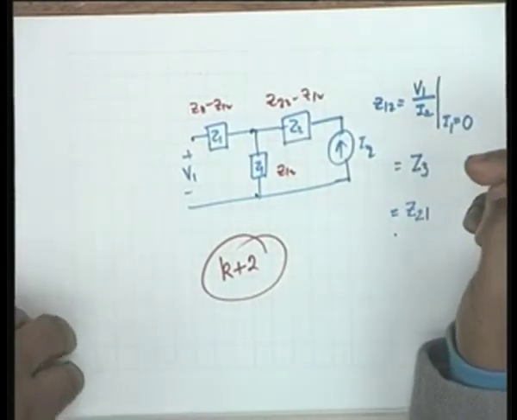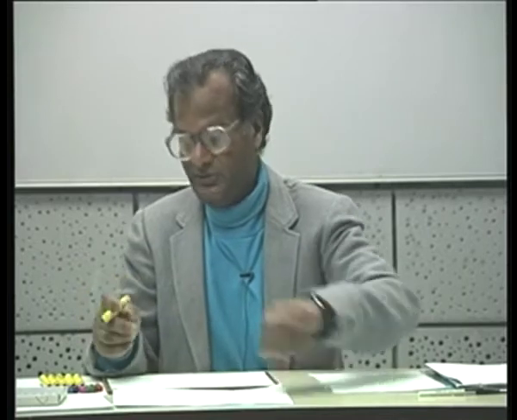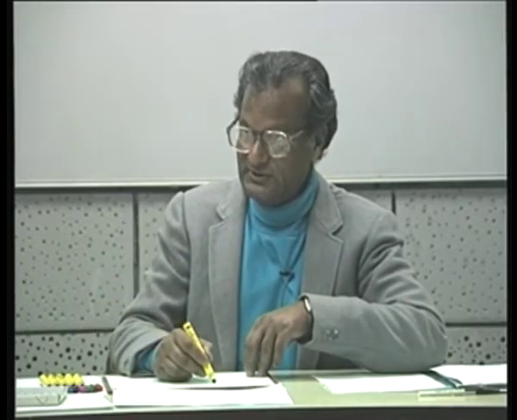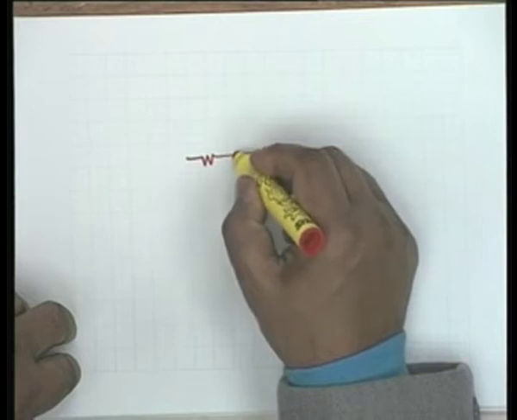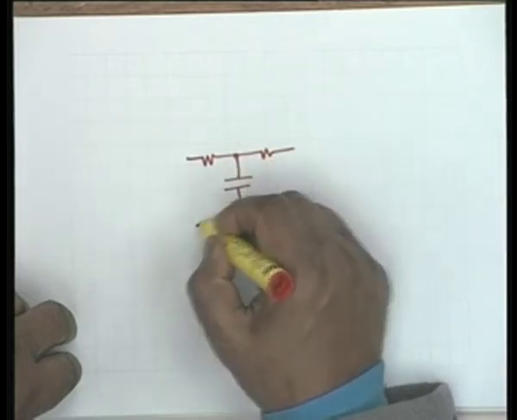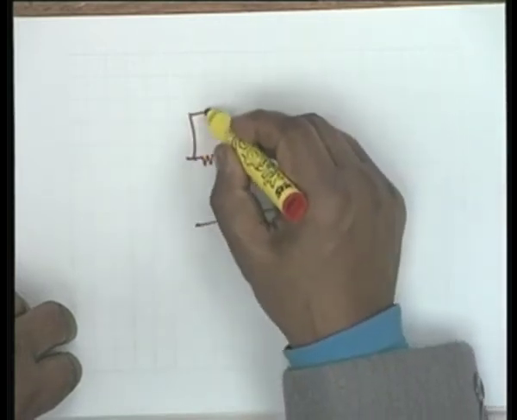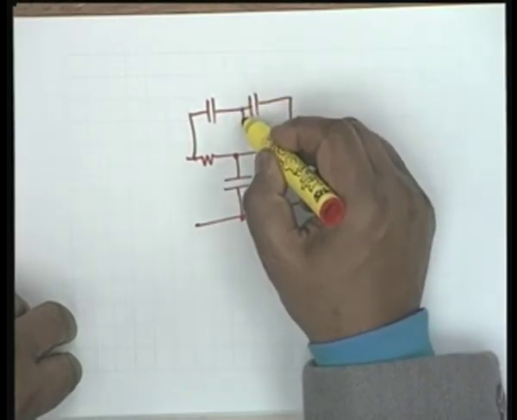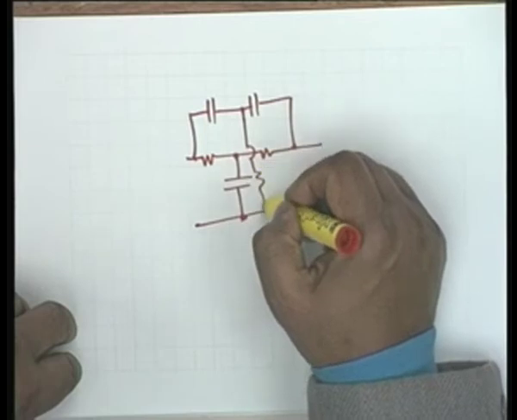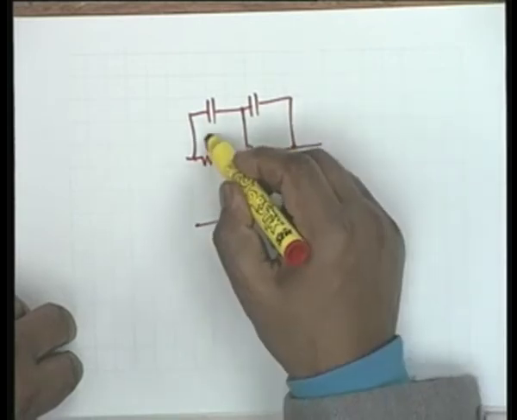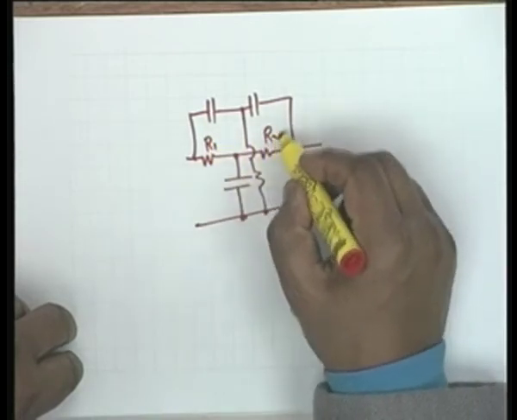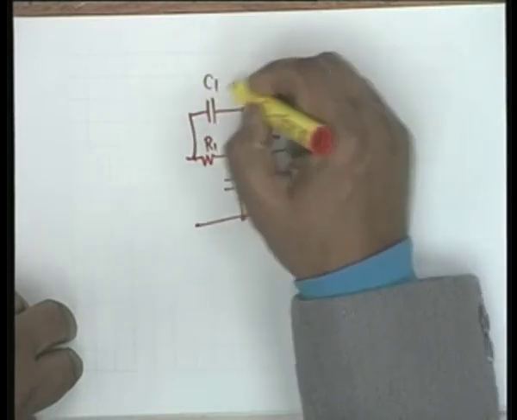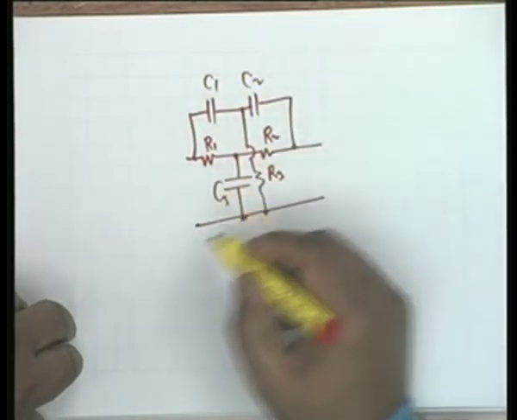For example, finding out input impedance is also a problem. Let me show you an example. Suppose you have a network like this. Let us say R1, R2, R3, C1, C2, C3.